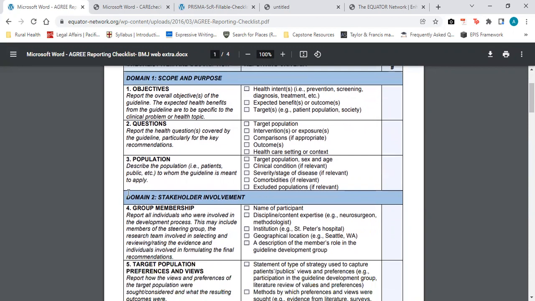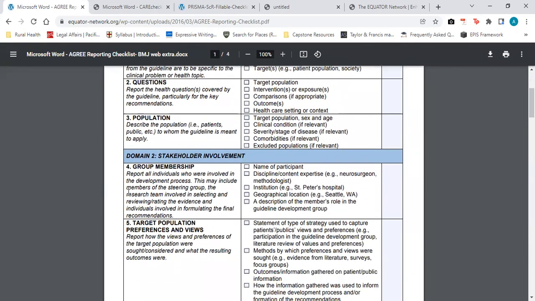I will say that for all of these checklists, there may be things that aren't applicable to your capstone. Your capstone is, in the grand scheme of research things, a pretty short time period and somewhat small type of project. So you may not get to some of these other elements, and that's totally fine.